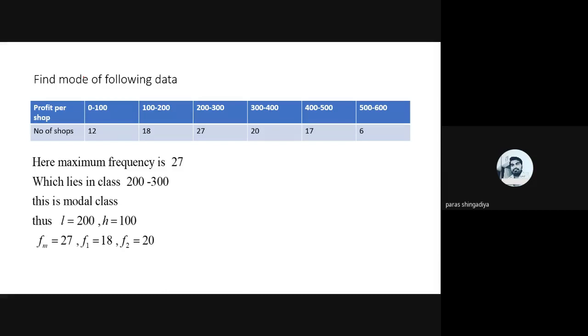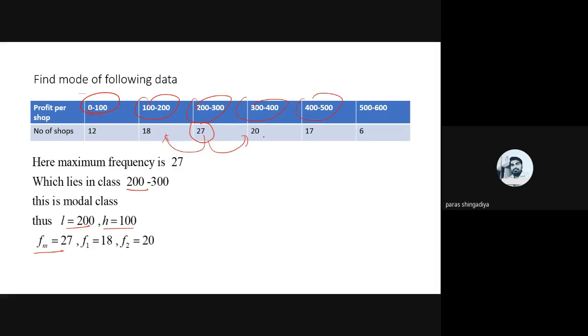Then we discussed this whole example, where the class intervals are in continuous form, that is, there is no break between any two boundaries. The first step is to check the maximum frequency in this data and decide the model class. As per the model class, find the lower limit, size, frequency of the model class, preceding frequency, and succeeding frequency.